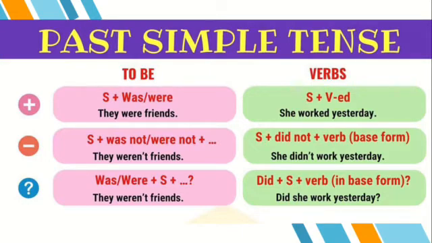I will tell you a little bit about this one. For example, she worked yesterday. So work plus ed. She or he listened to music this morning. So he listened, listen plus ed.